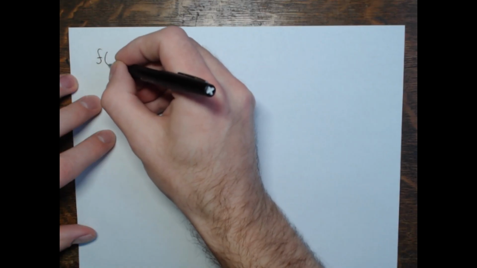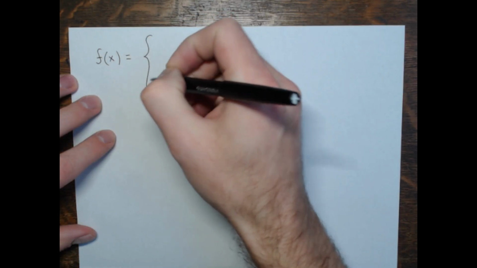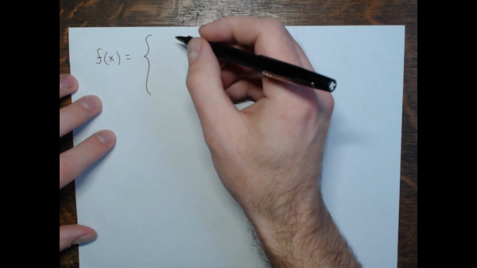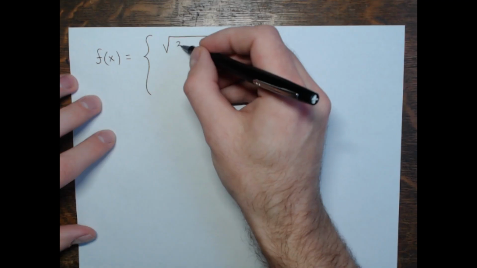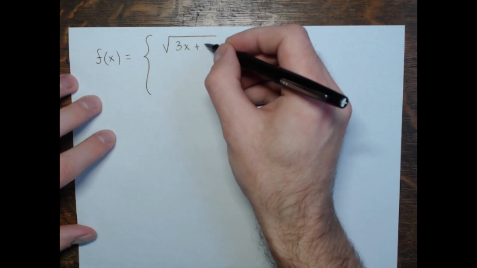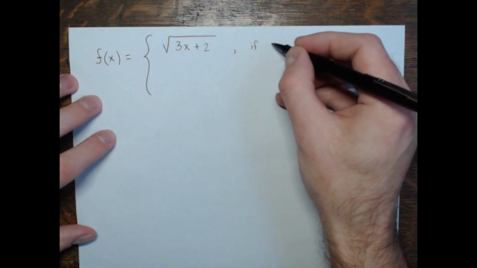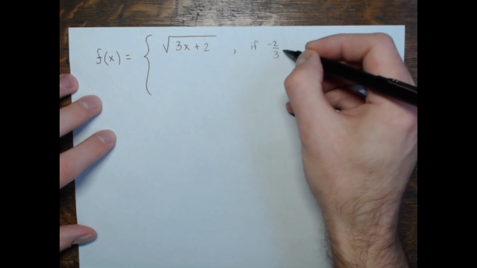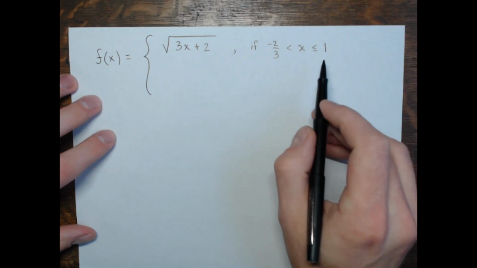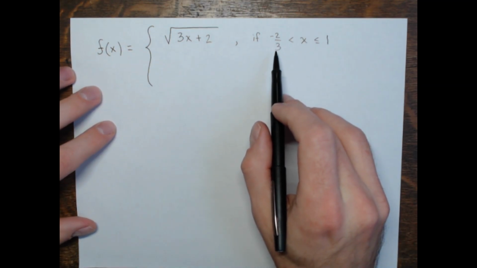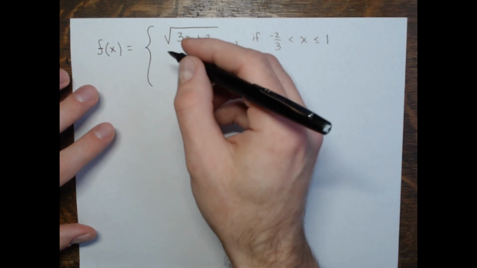So I'll write this function up and go through those three conditions at x equals 1. Our function, again, was piecewise. The way you calculate the output changes depending on the input. We've got the square root of 3x plus 2, but only if x is between negative 2/3 and positive 1, not including negative 2/3, but including the or equal to here, positive 1.